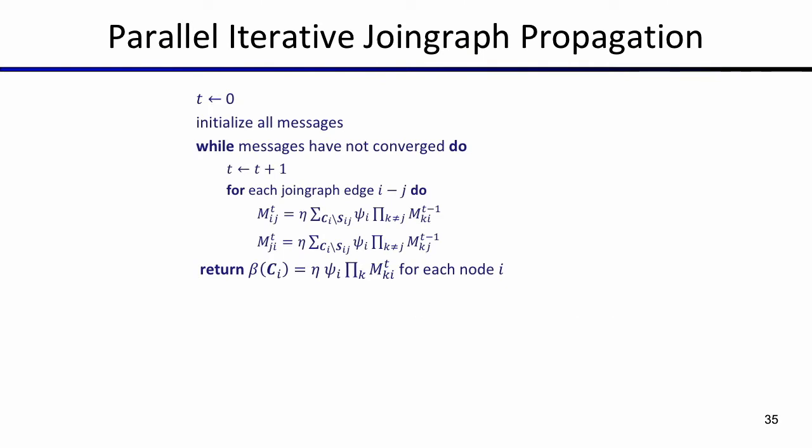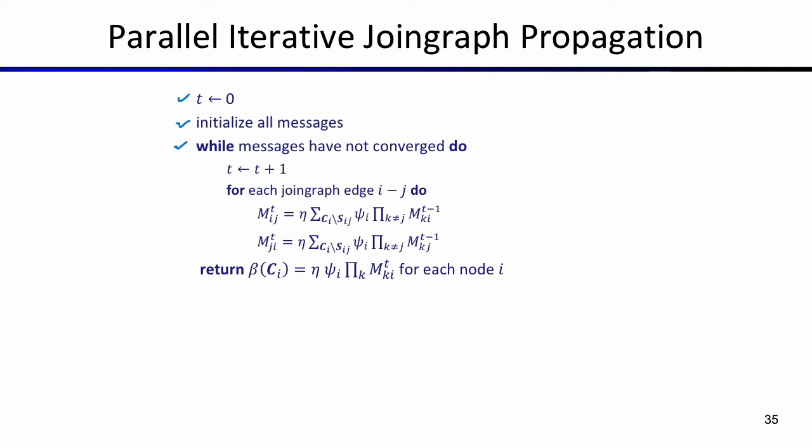So here we have the algorithm. We have this variable here that I'm going to use to control the iterations. We initialize our messages pretty much like we did for the iterative belief propagation algorithm. One common and simple way is just to assign 1 to every entry of every message, and we're going to do this while the messages have not converged.